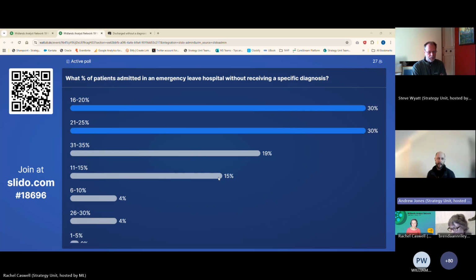That's surprising to me. I wonder if we hadn't given the bands and we just asked that question, whether we'd get a different answer, because everyone we've asked previously has suggested, without the hints, a lot lower percentage. Or maybe this group is just very well informed. Well, I was just saying we gave them loads of hints. They are an incredibly intelligent group. They have a lot of insight into this. They've probably done lots of analysis on this as well. But I agree.